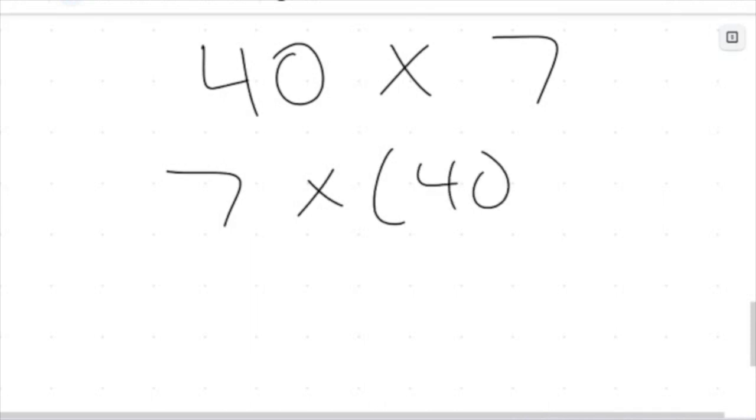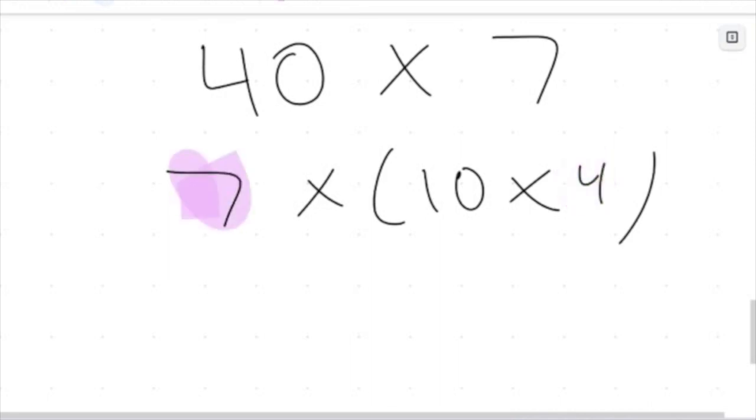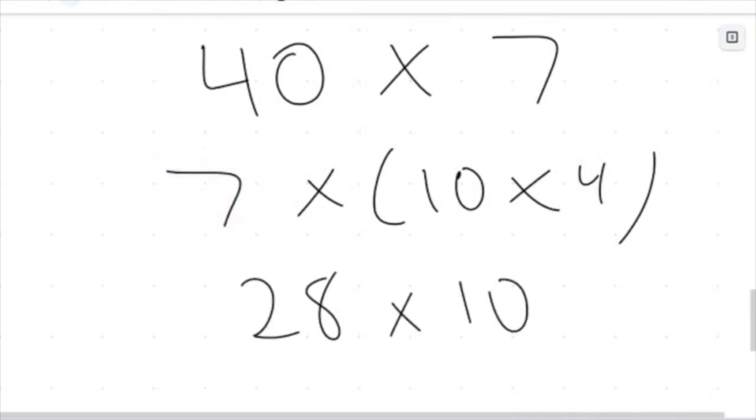I'm using the commutative or associative law, one of those couple. But if I times these together, this is like saying, well, 40 times 7. So I can break this up into, say, 10 times 4. And I know from my times tables that 7 times 4 gives me 28. So that's like saying 28 times 10.